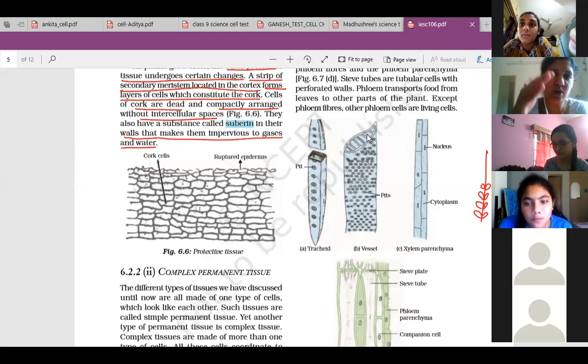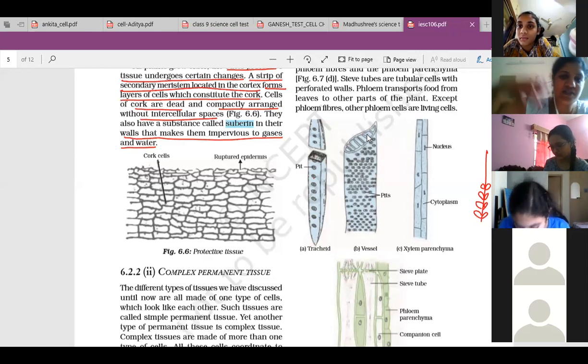So the amount of water that moves outside will be replaced by the water present in the xylem at the lower portion. At the lower end of the tree, the water present will start coming upward because it is sucked upward. Because at the top end, near the leaves, water pressure is less, and at the bottom, the water pressure is more.